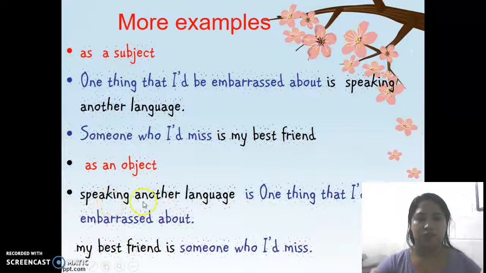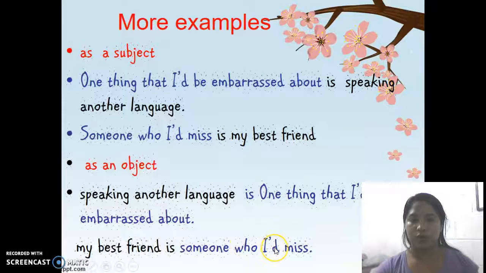And as an object: speaking another language is one thing that I will be embarrassed about. The other is, someone who I will miss is my best friend. And as an object, my best friend is someone who I will miss.